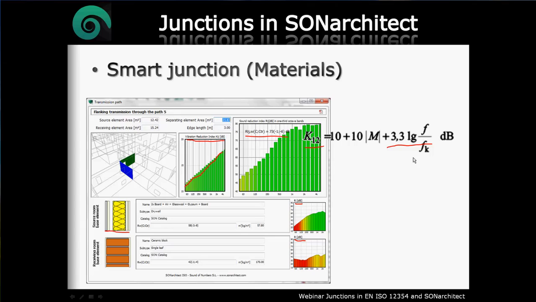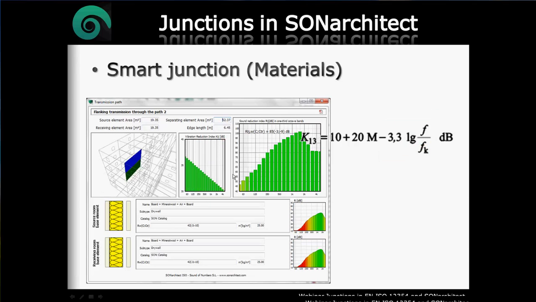The same can be seen for the model of the drywall. Keeping in mind the formula for the K_ij from drywall to drywall, the dependency was negative. And here we can see it again.